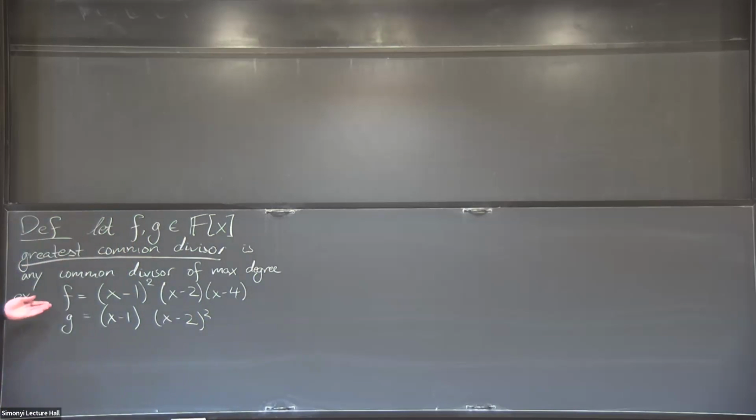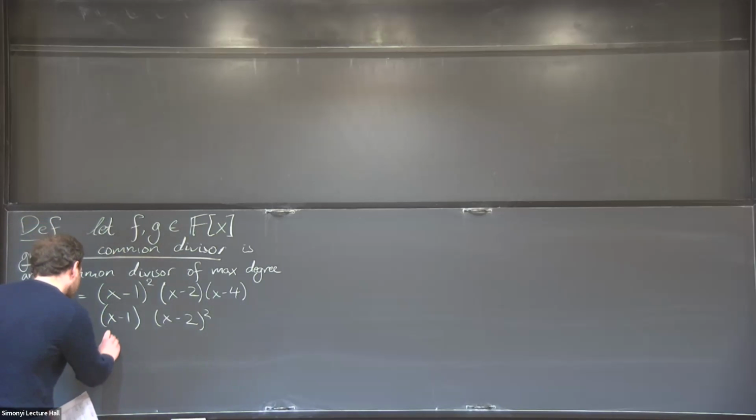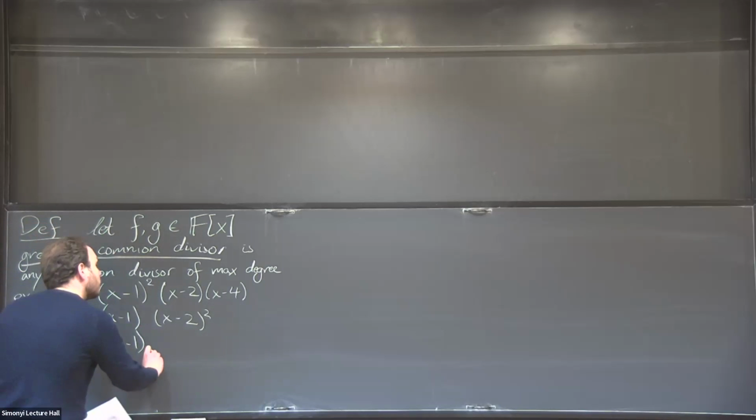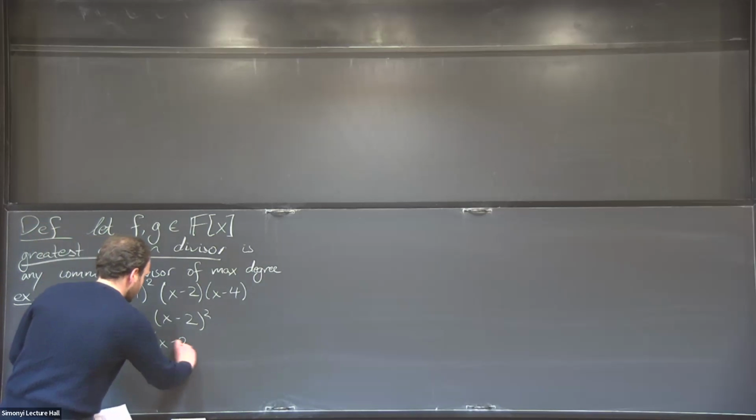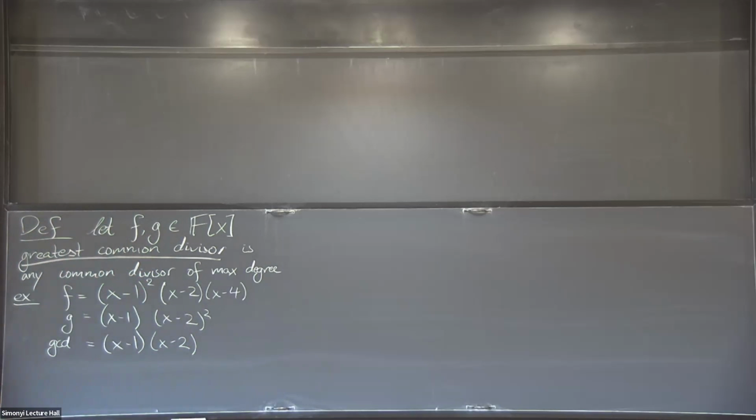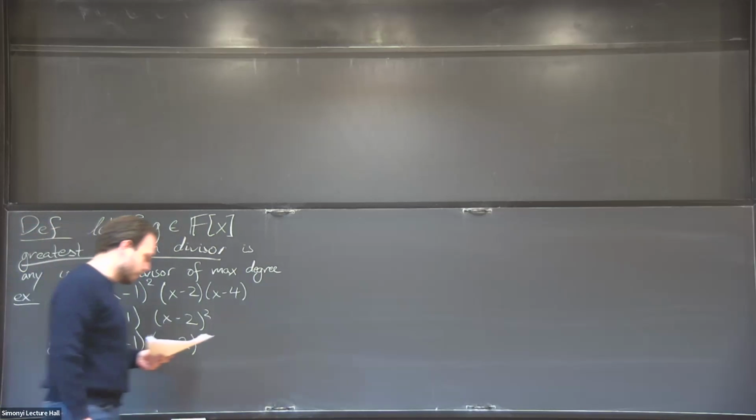So I have f, which factors as this, g, which factors as this. What is their GCD? Well, what you do is you take each factor and you take the largest multiplicity that divides both polynomials. So here, this is x minus 1 times x minus 2. Here I'm implicitly using some facts that polynomials have unique factorization. Let's not worry too much about that.